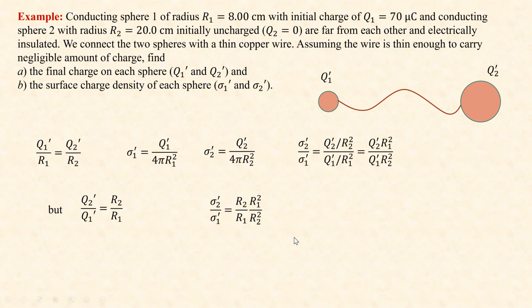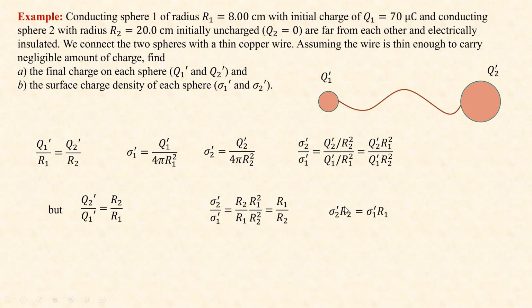So we have this ratio of the sigmas equal to R2 over R1 times R1 squared over R2 squared. So you see this R2 cancels, R1 cancels, so you get R1 over R2. So you see that sigma 2 times R2 equals sigma 1 times R1. All right. What does that tell us? This is very important. The importance of this example is this part.